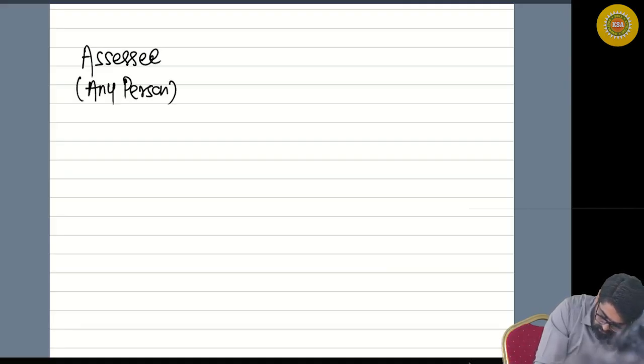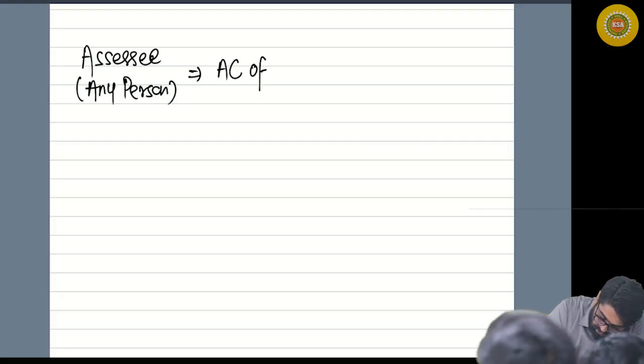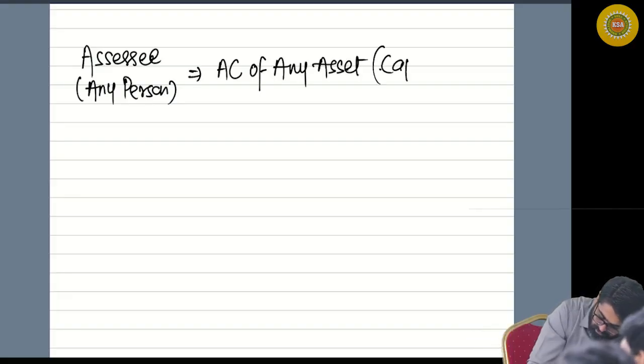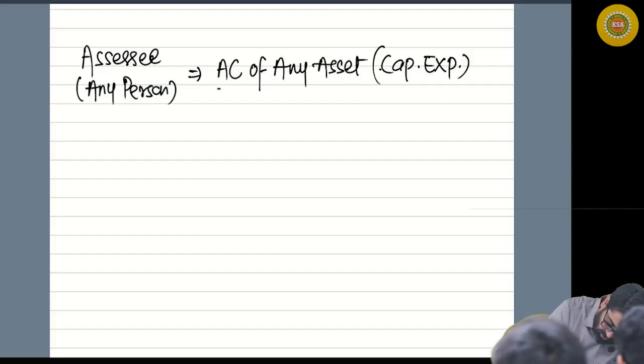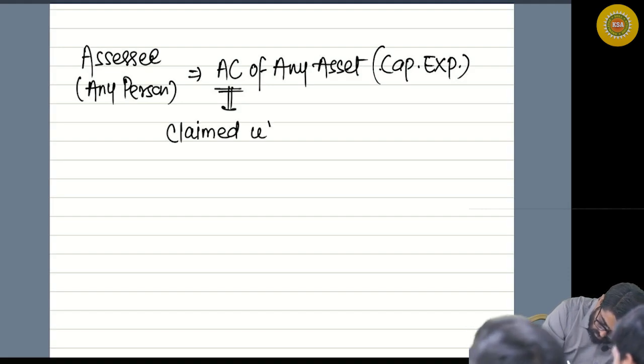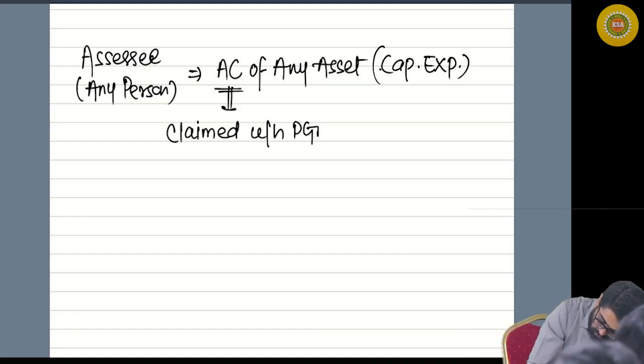He can be any person. He has incurred actual cost of any asset. That actual cost is nothing but capital expenditure. Now this actual cost has to be claimed under the head PGBP.